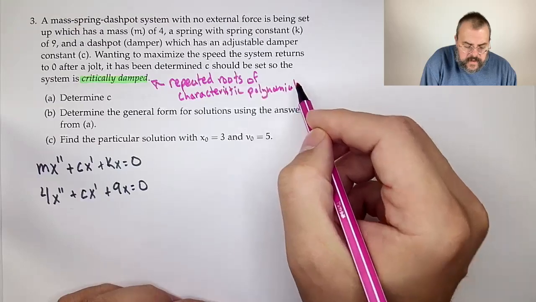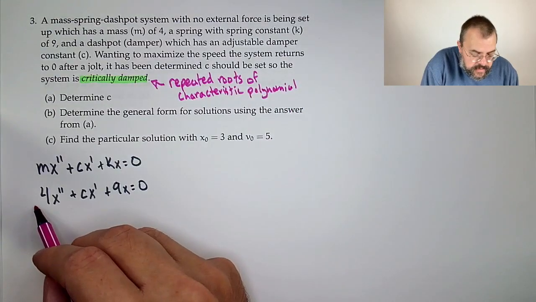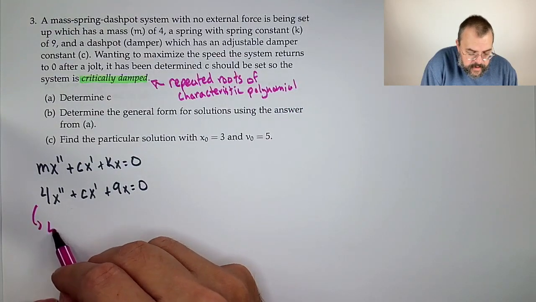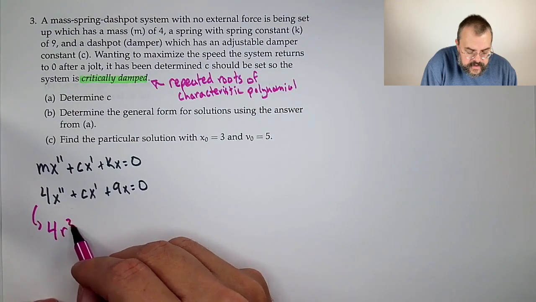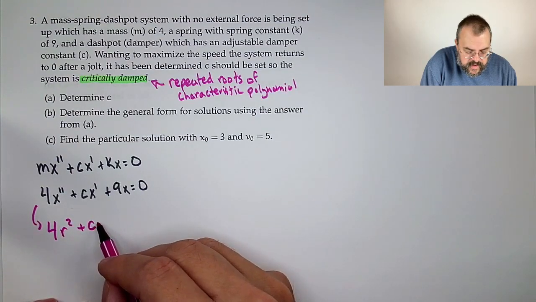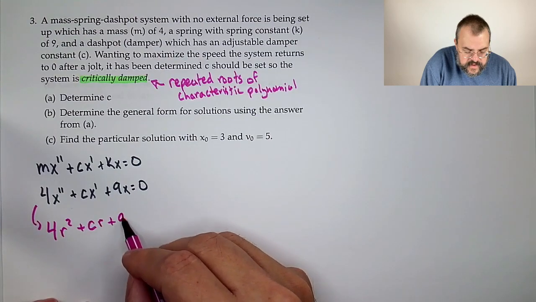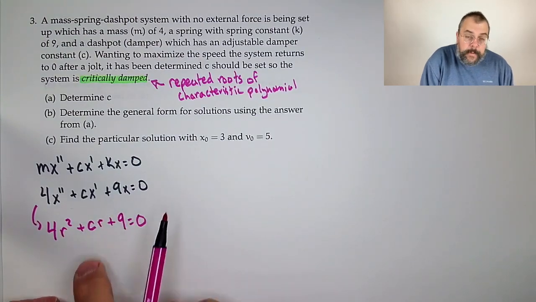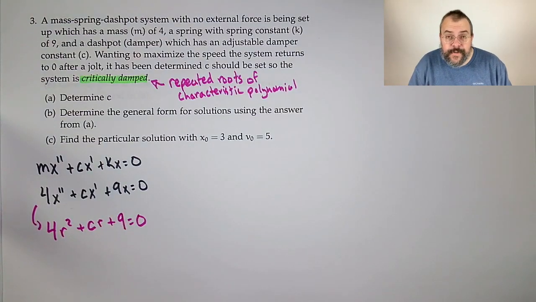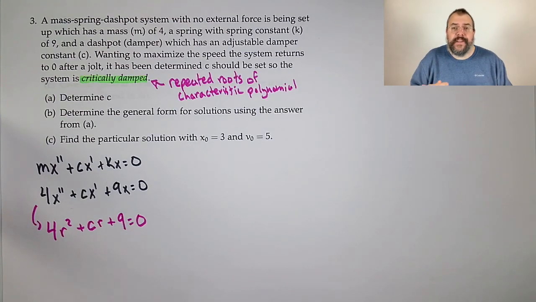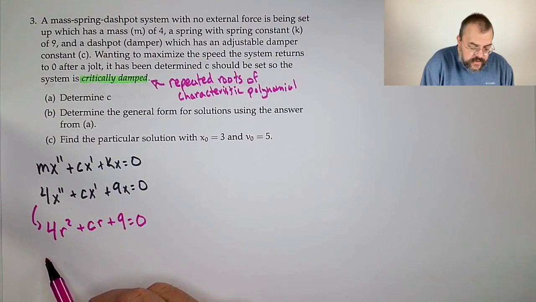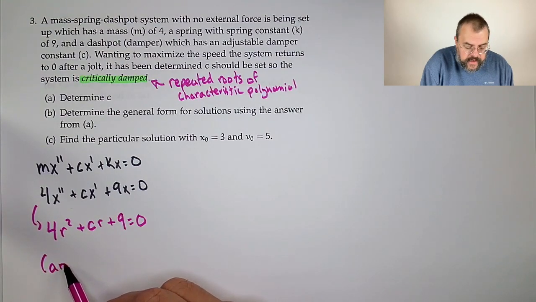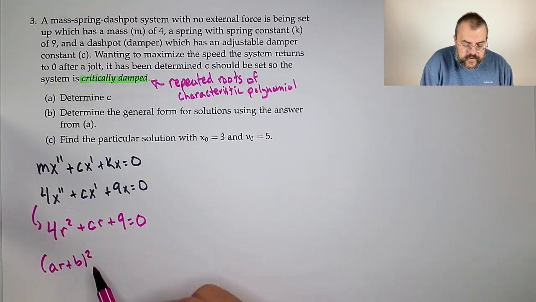So what happens? Well, we can say the polynomial becomes 4r squared plus some constant c times r plus 9 equals 0. And we want to pick c in such a way that we have repeated roots. Now, there's a couple ways we could do that. Here's one way. If we have repeated roots, this really has to have the form (ar plus b) quantity squared.